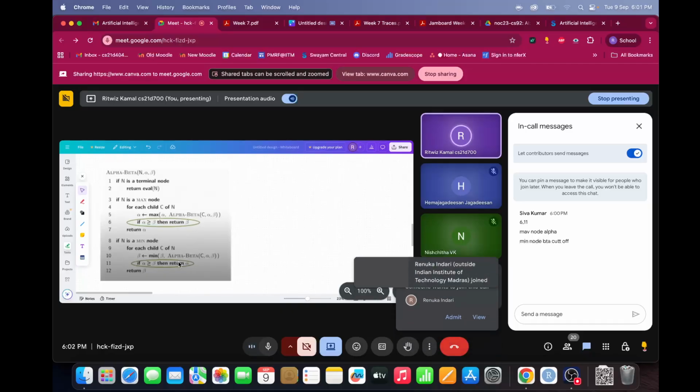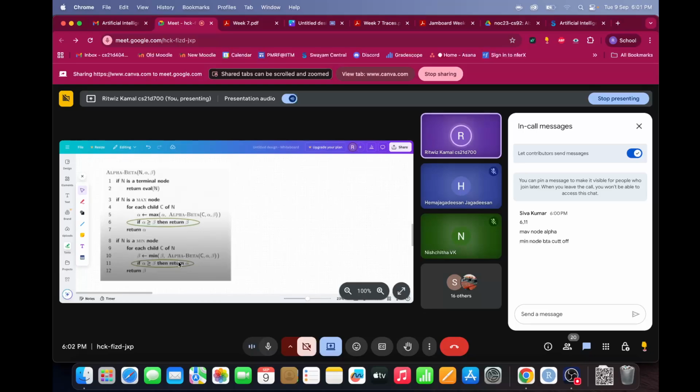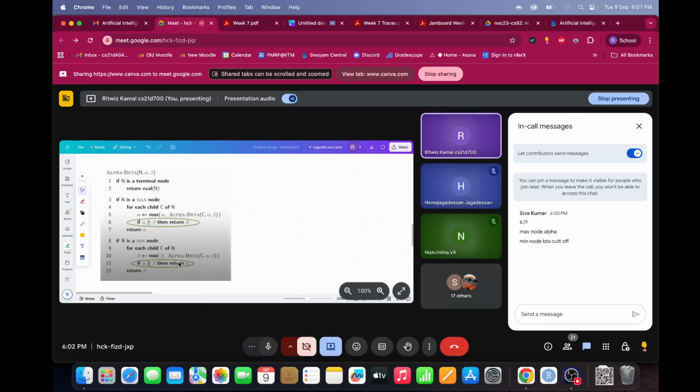If n is a max node and we reach a situation where alpha is greater than or equal to beta, that would be a beta cutoff. And if we are inspecting a min node and we reach a condition where alpha is greater than or equal to beta, then that will be an alpha cutoff.